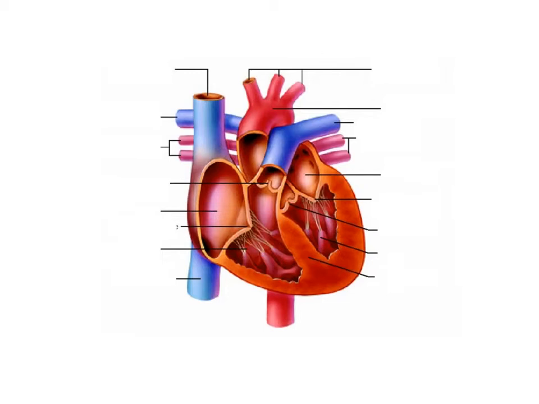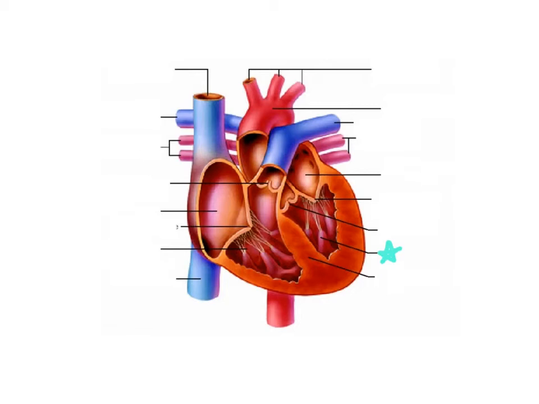Let's say that we start at the left ventricle here, and I want you to pause the video in a sec and walk through where the blood would travel if we started at the left ventricle and ended at the left ventricle. So go ahead and pause the video and walk through the blood flow through the heart. All right, let's see how you guys did.